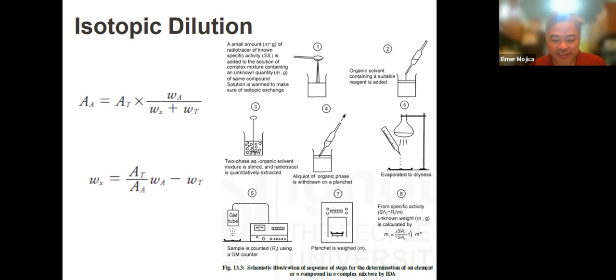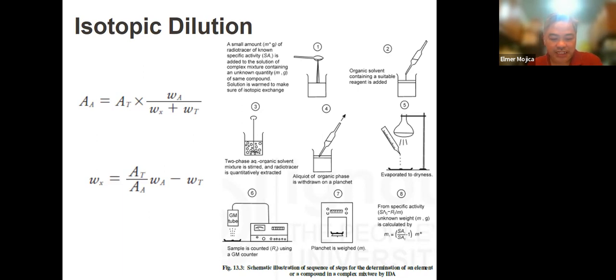And the chemical separation procedure is carried out where the component need not be recovered quantitatively, but it must be in chemically pure form with well-defined composition and in sufficient amount so that it can be weighed. So what happens here are the calculations in isotopic dilution.